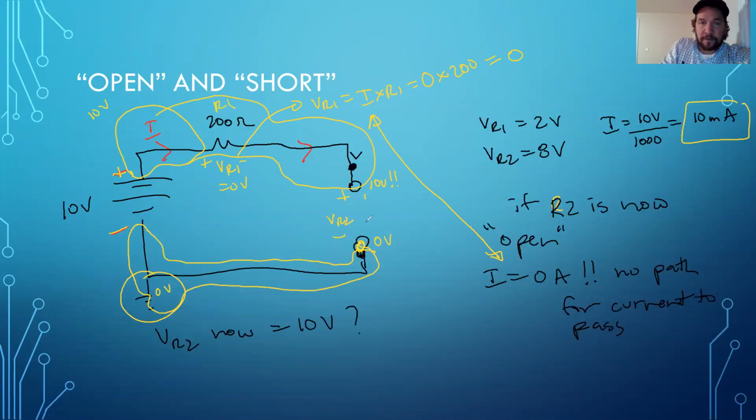So the potential difference between these 2 points in the end is equal to 10 volts. So in a series circuit, if you have an open, that open will always be equal to the voltage across your battery. Whatever voltage your battery or your power supply is producing, you will find this voltage at this point.